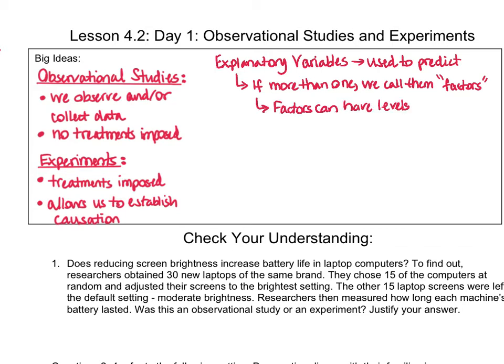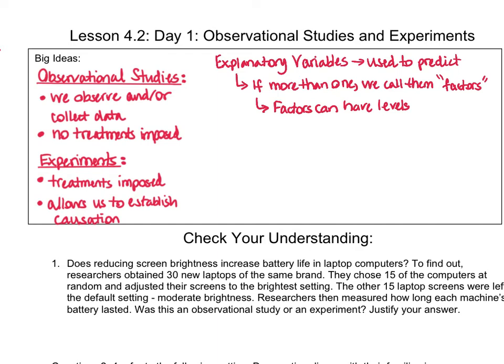You may remember this example that we talked about before, but if we were running an experiment on how to best cook chocolate chip cookies, we could have two different factors, one of them being the temperature that we used in the oven, the other one being the amount of time used to cook the cookies. And the different levels for the time could be 10 minutes and 12 minutes.